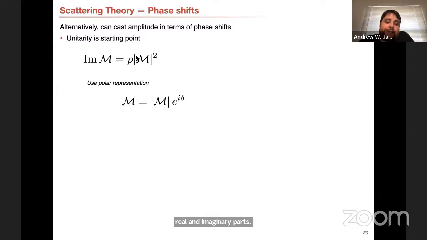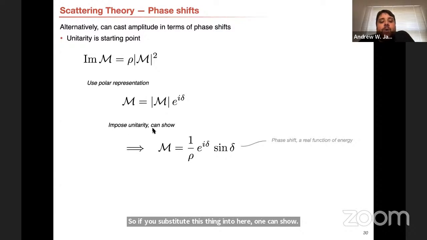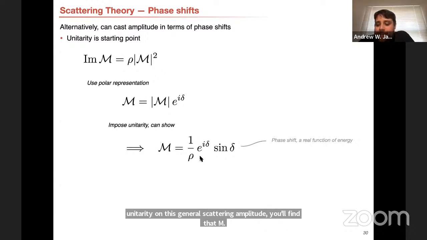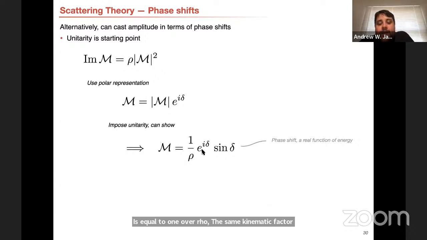So if you substitute this into here, one can show, and again, this is an exercise, that if you impose unitarity on this general scattering amplitude, you'll find that M is equal to 1 over rho, the same kinematic factor that comes about over and over again, times the exponential of i delta times sine of delta. So here, the only thing not known is one real number, and that is the phase shift for a given energy. And this phase shift also encodes all the dynamics of the interaction.